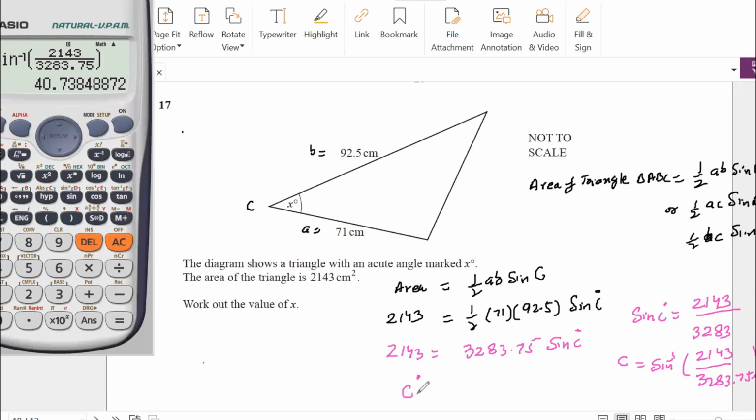So angle C or X, we found 40.7, or you can say 41. Both are correct. I hope you get it.